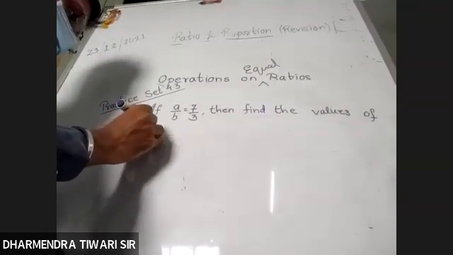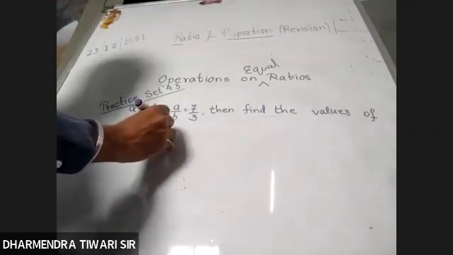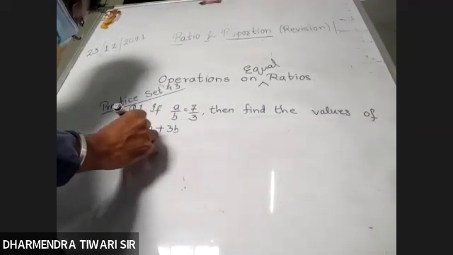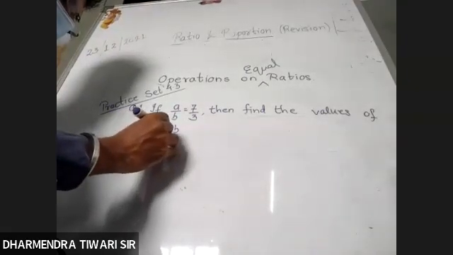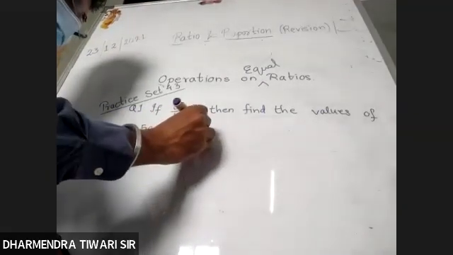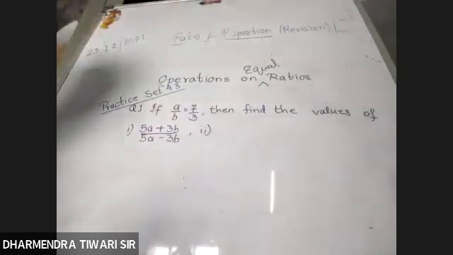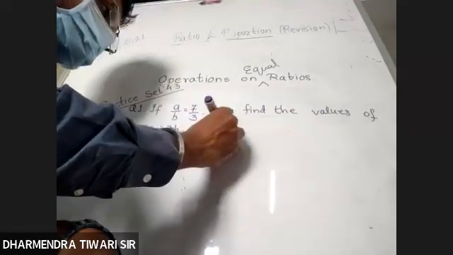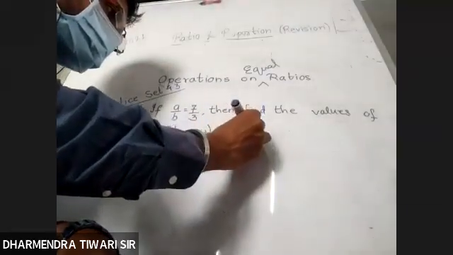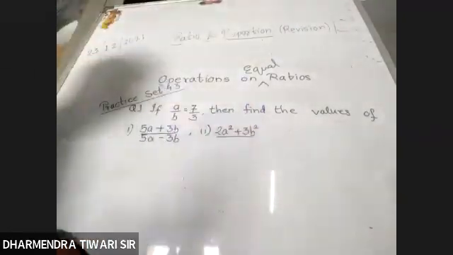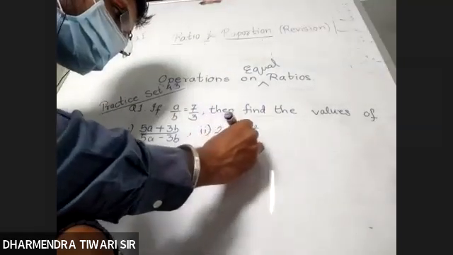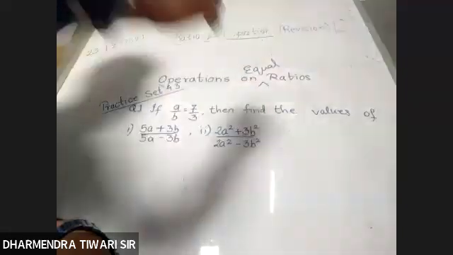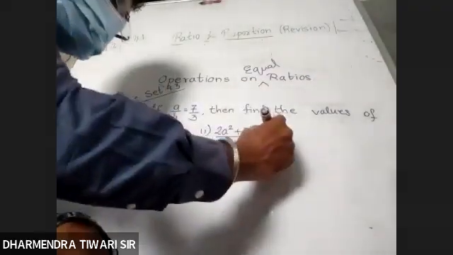First, 5a plus 3b upon 5a minus 3b. Second, 2a square plus 3b square divided by 2a square minus 3b square.